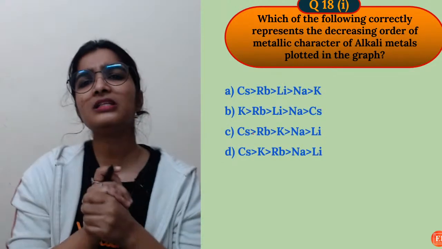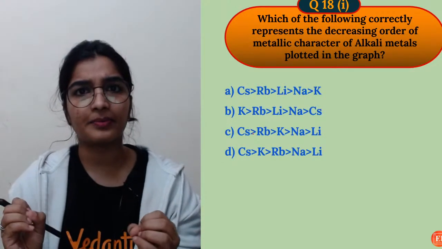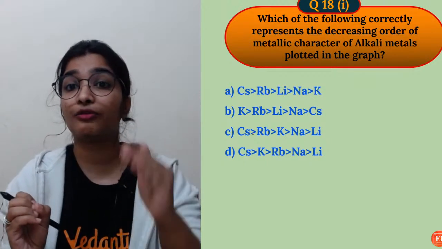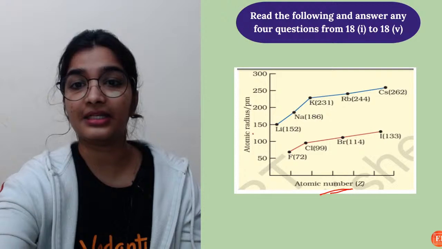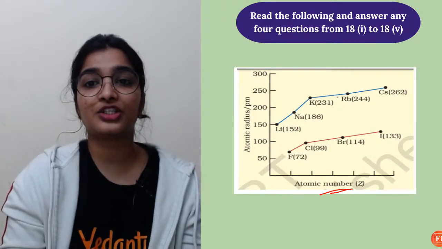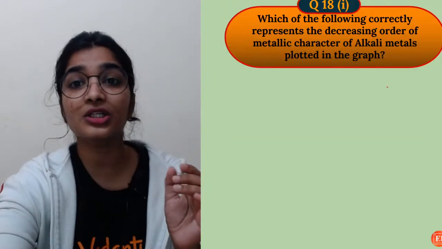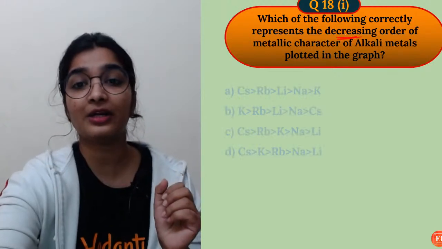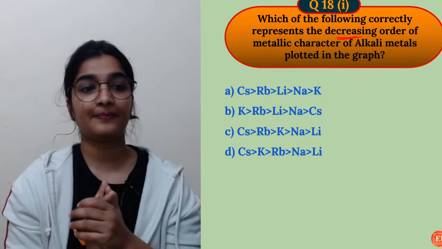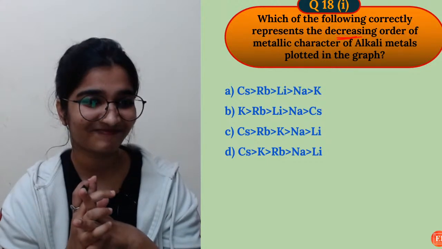Okay. The first is, which of the following correctly represents the decreasing order of metallic character of alkali metals? So these are the alkali metals, right? Lithium, sodium, potassium, rubidium, cesium. So what is the question? Decreasing order hona chahiye. Can you tell me which is the right option? A, B, C, D. Let's see.